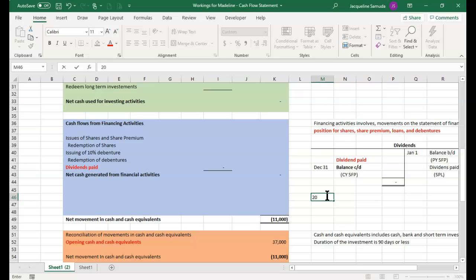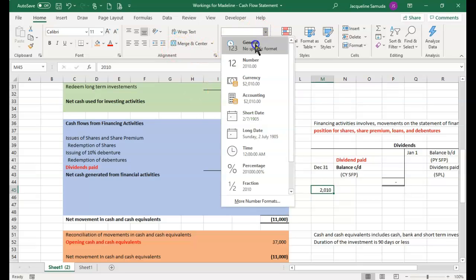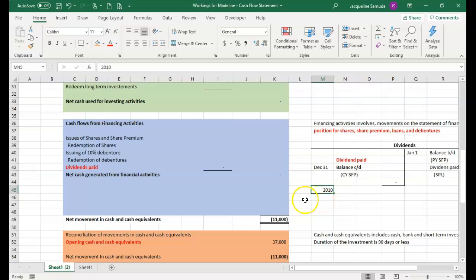In 2010, the share capital figure was 220,000. Let me move this up a bit. In 2010, the share capital figure was 220,000 and the share premium figure was 15,000.